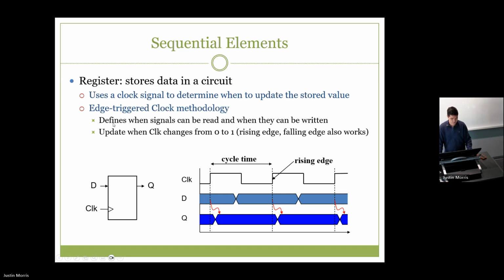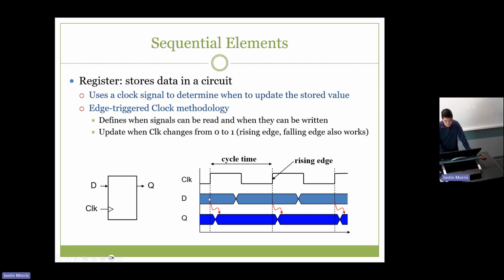right? So this edge defines when the signal can be read and when it will be written. And we update when the clock changes from 0 to 1, usually. Usually it's always the rising edge. That's the convention. So the rising edge is here, right? Clock goes 0 to 1.